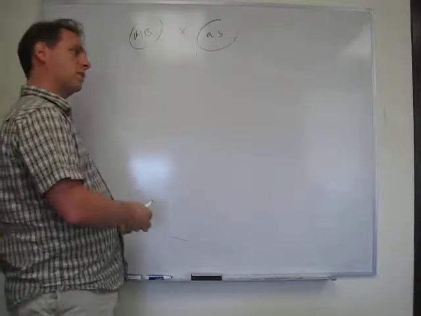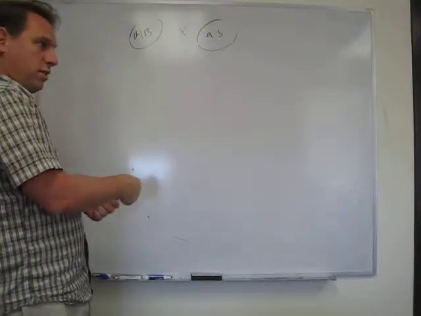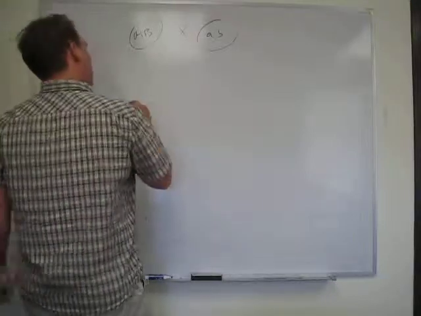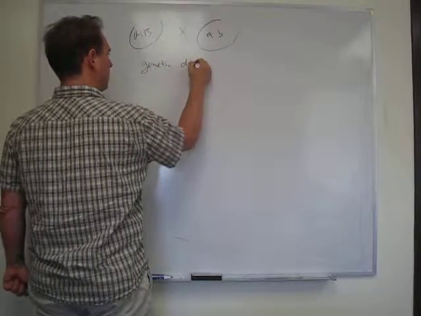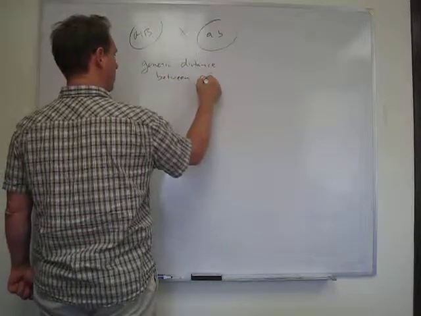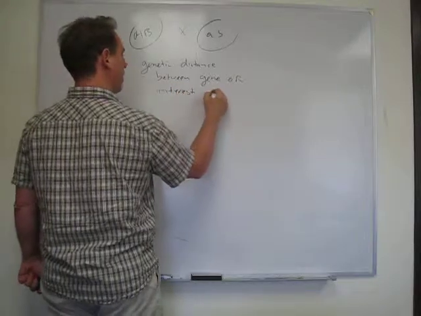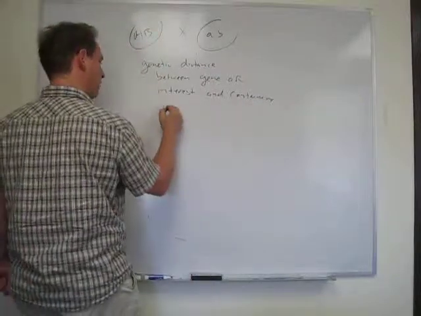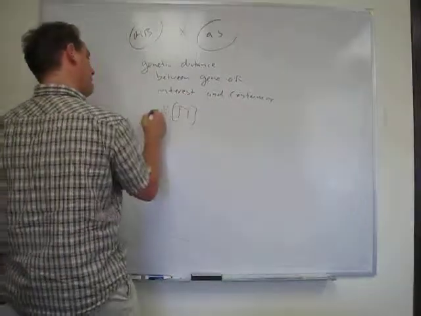But if you assume one of them is very closely linked to the centromere, and the other one has some genetic distance that you're trying to measure, the genetic distance between the gene of interest, in this particular case B, and the centromere is given by this little formula. It's simply the number of tetratypes that you observe, times a half.